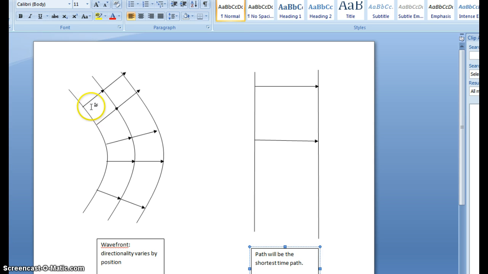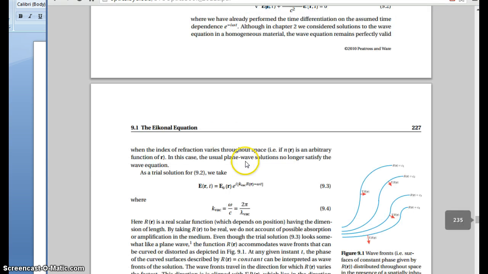The gradient is used to determine where we're going to find the next wavefront out here, and then going further and further out. It's not as simple as a plane wave anymore, and the shape of this front can very well change. Okay, so back to our equation.